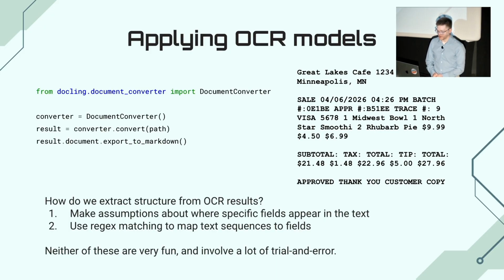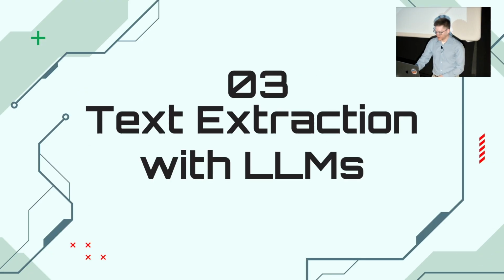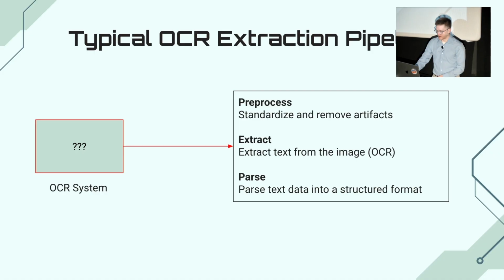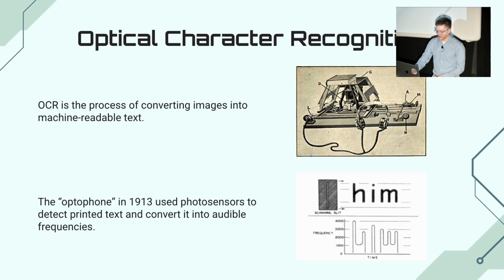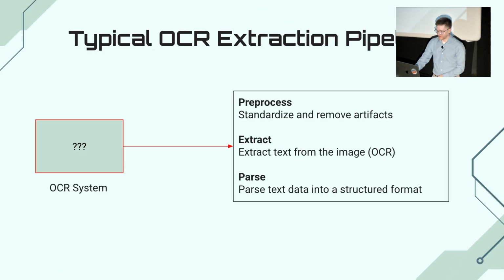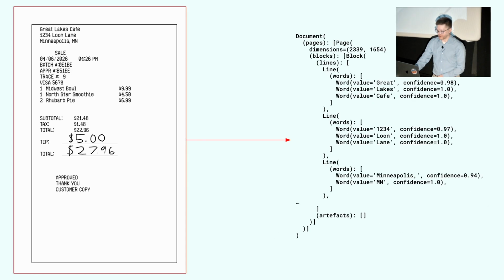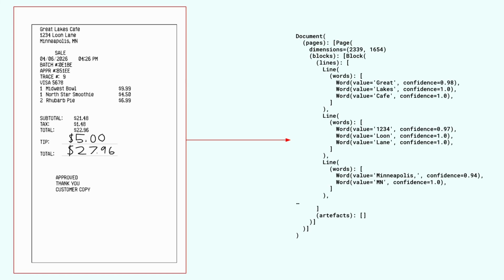But I think the Docling model does give you a lot more positioning information, and you could send that into the VLM as well.